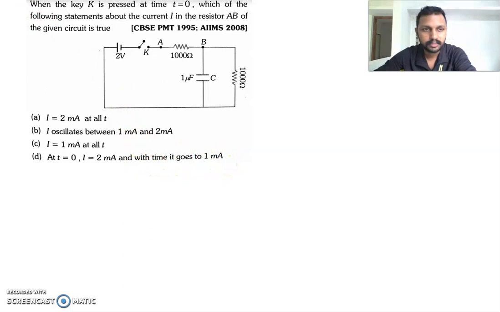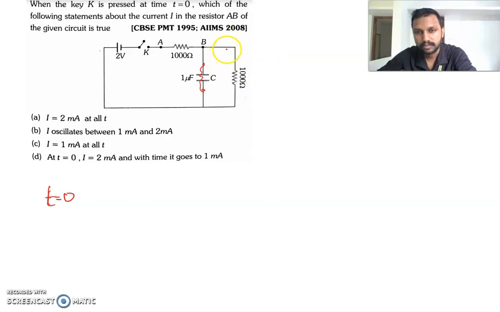For that, let's understand the t is equal to 0 situation, the initial time. The capacitor will behave like a short circuit. It is behaving like a short circuit, which means there is no reason for current to go through this wire, it could directly go through this wire.